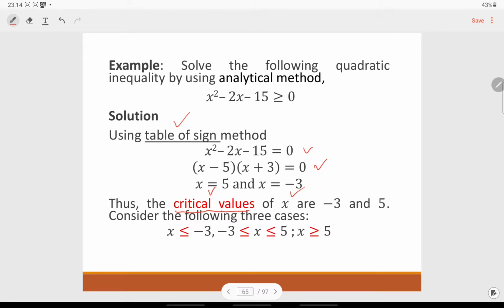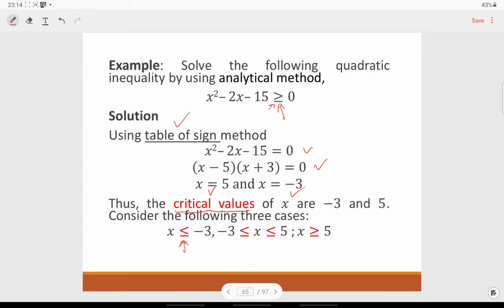Okay, because we are dealing with this kind of inequality, greater than or equal to, we consider the following three different cases. Because negative 3 is smaller than 5, the first case is x is less than or equal to negative 3. Because we have an equal sign here, we need to put an equal sign as well here. So we have x is less than or equal to negative 3.